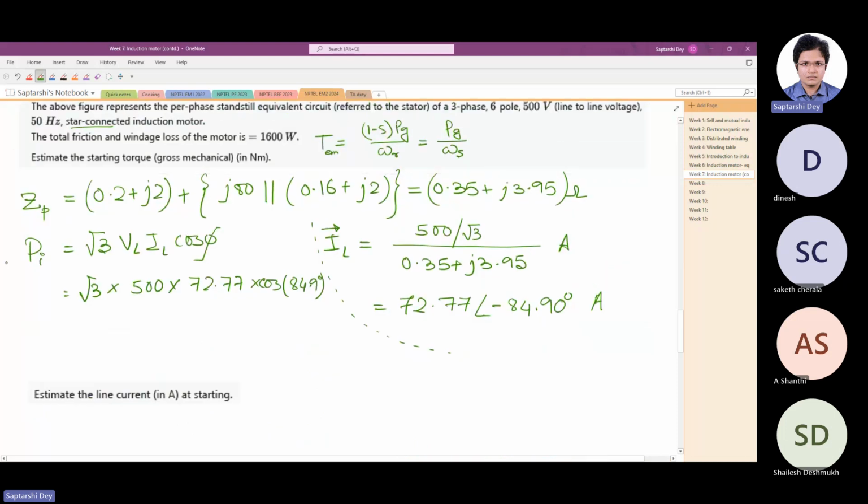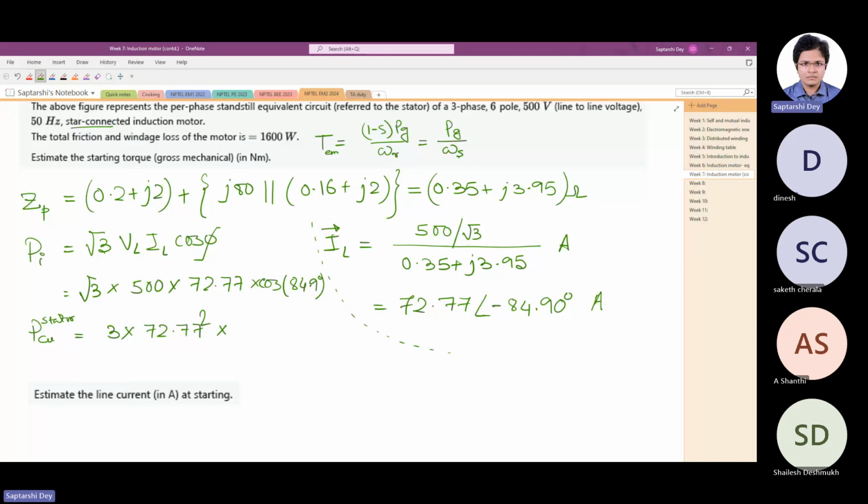0.2 ohm is the resistance, so stator copper loss is 3 times I squared R. And notice one thing, that whenever you are doing such problems, make sure that you are either doing it for the whole machine or doing it for one phase. Do not mix it up. When I am writing √3 VL IL cos phi, that is for the whole machine, not for a phase.